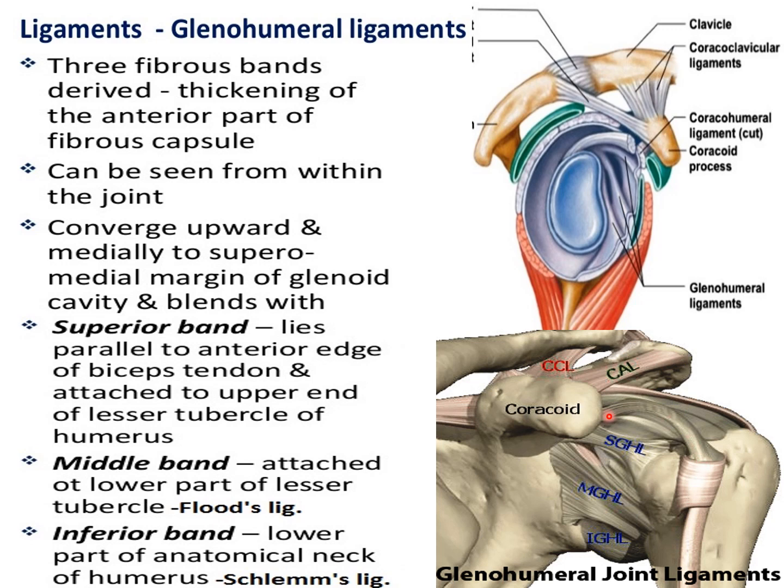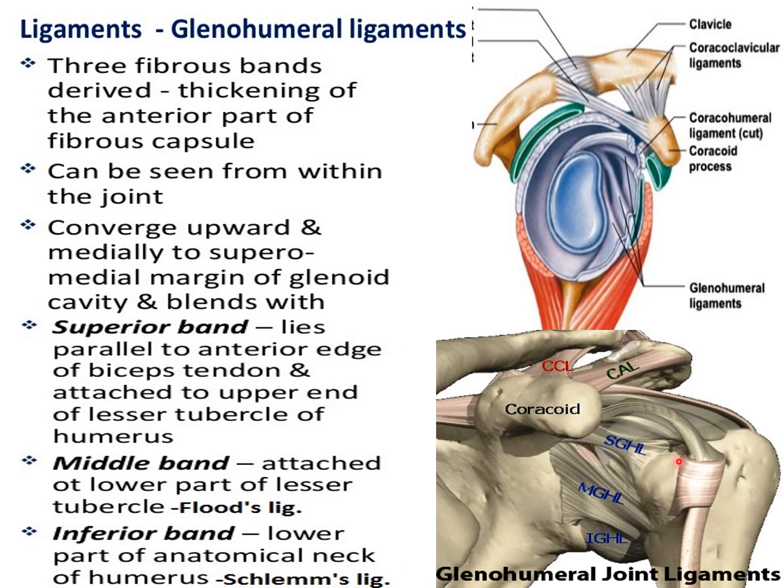This is the biceps tendon, the long head of the biceps, which is passing through the intertubercular sulcus. So the superior band lies parallel to the anterior edge of the biceps tendon and is attached to the upper end of the lesser tubercle.